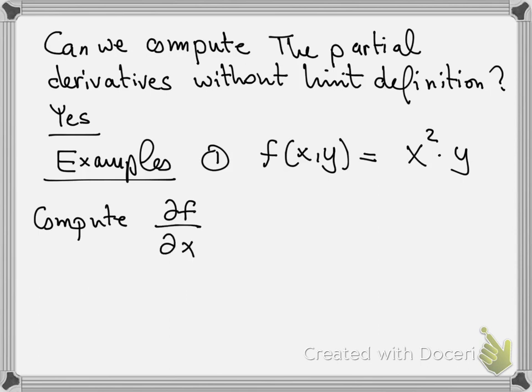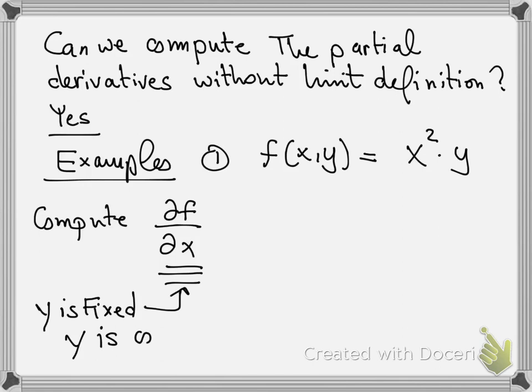So what we do here is use the derivative rules we know for functions of a single variable. Because here we have two variables, if you want to compute the derivative of f with respect to x, it means that y is fixed. In other words, y is constant.